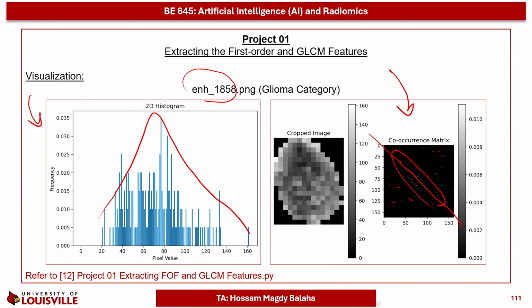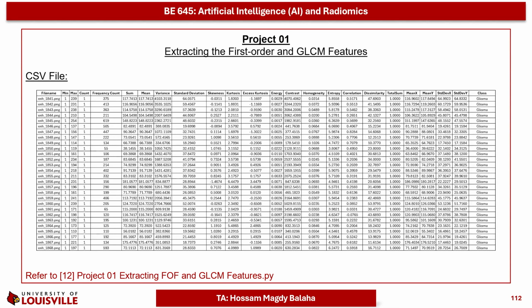And if you open the CSV file, which is stored after the completion of the script, you will find the first column includes the file name, and the other columns, except the last one, include the different features from the first order features and GLCM features.